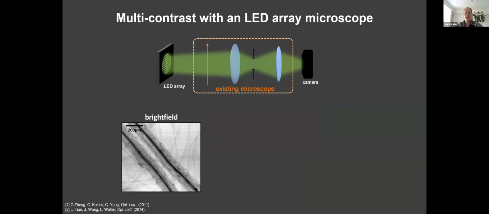The easiest to explain is if I just turn on the center LEDs, this is basically just a bright field microscope, right? But notice that I have a circle of LEDs here. That circle represents the range of illumination angles that map to the detection capabilities of your microscope objective. If you have a high NA objective, you can collect high angles, so this circle would be bigger.